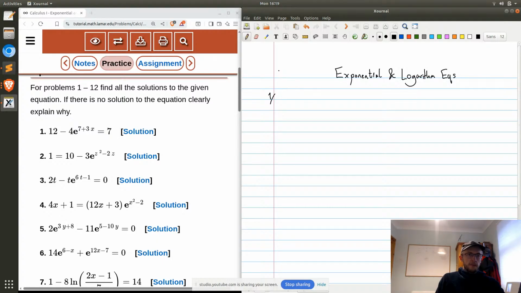So here we begin. We'll take 12 from both sides, and then divide both sides by -4. So we'll have 5/4. Natural logs of both sides, ln of 5/4 is 7 plus 3x. So then take 7 and divide by 3.